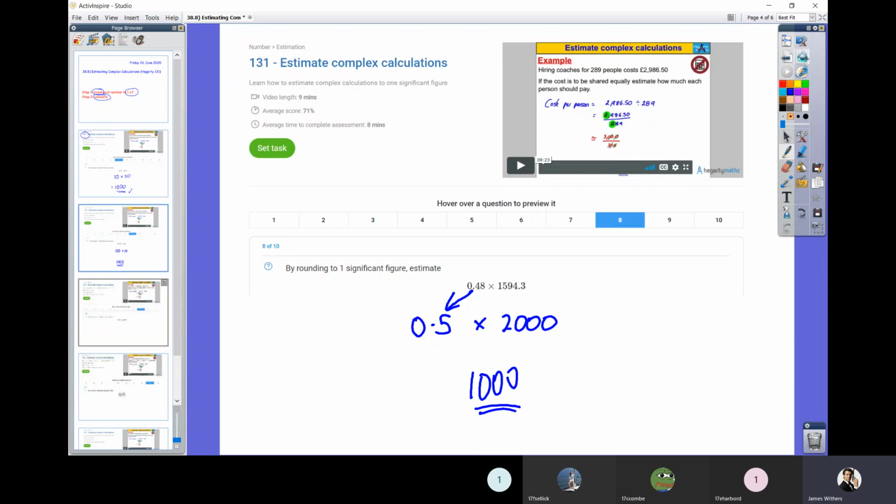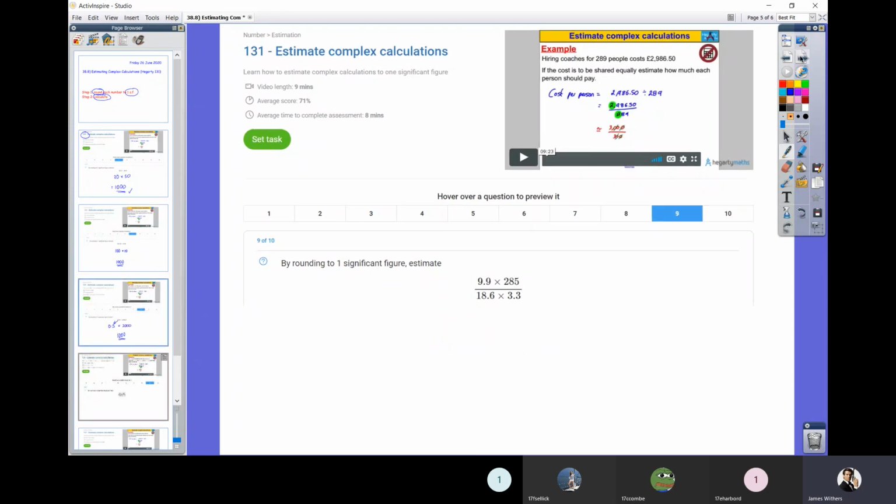So that's your final answer. Okay, 2 to go. The last couple are a little bit more tricky in as much as you've got to round 4 numbers. So just again, take your time. On the numerator on top, 9.9 becomes 10, and 285 becomes 300. And on the denominator, 18.6 becomes 20, and 3.3 becomes 3.